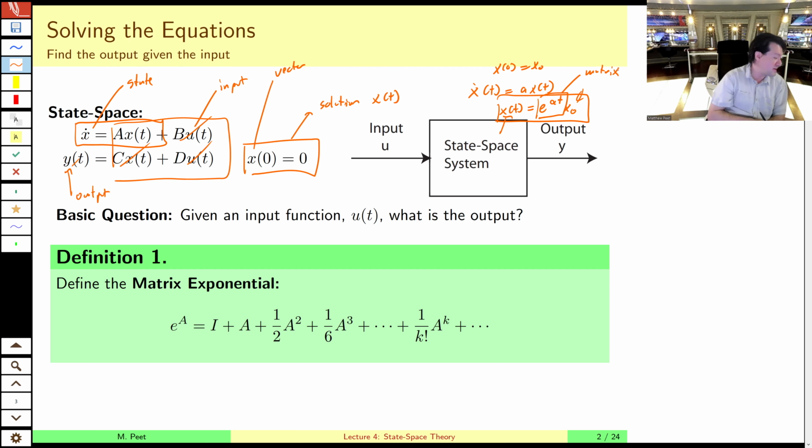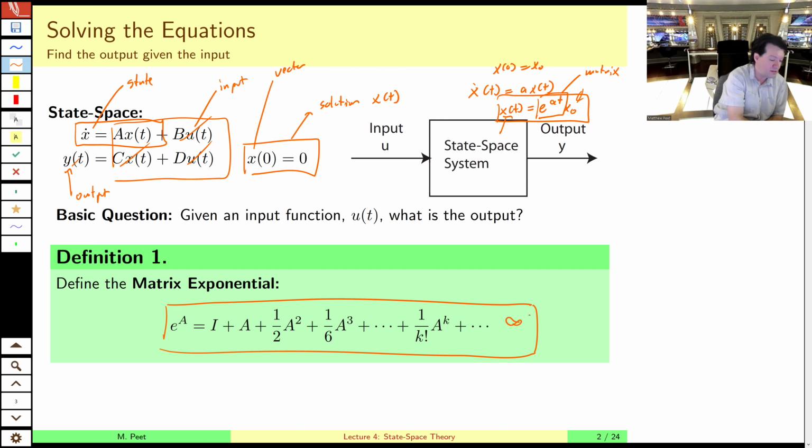And it turns out there is. It's a relatively straightforward formulation. The matrix exponential is defined as the infinite series here. It goes off to infinity, where we take the initial identity matrix, and we take the sequential powers of the matrix, dividing by these factorial numbers as we get larger and larger.